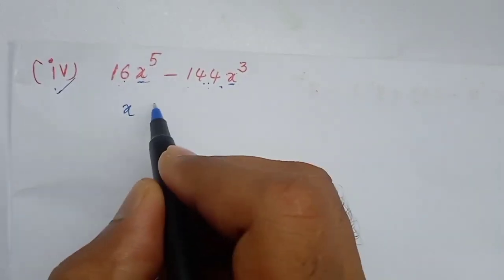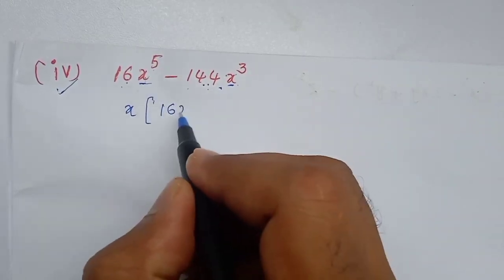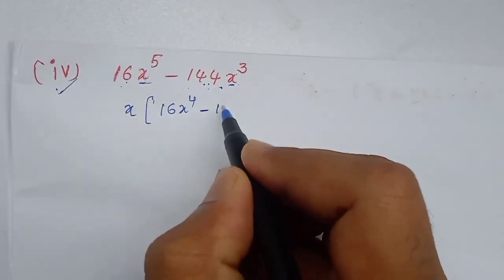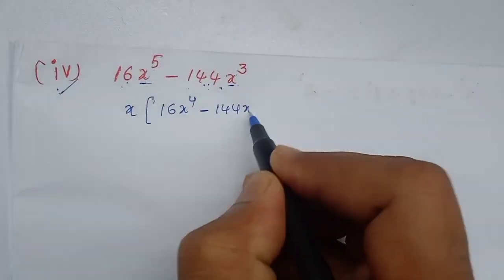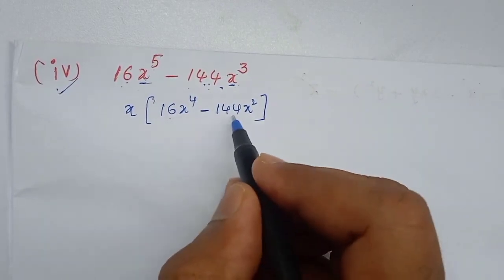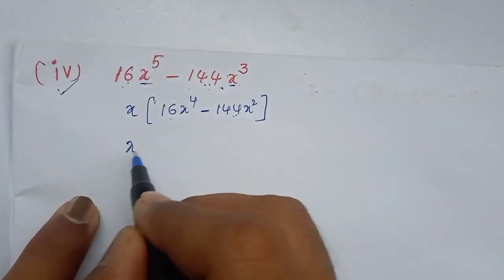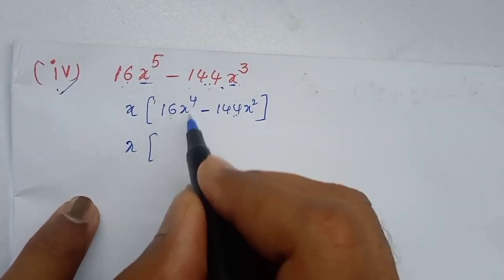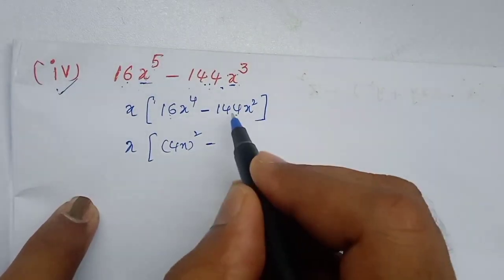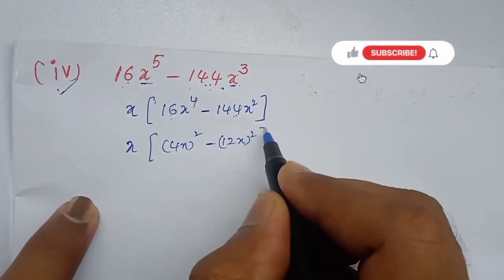Take x as common, then what you get? 16x to the power of 4 minus 144x square. See now, the terms inside the bracket can be expressed as perfect squares. See, x into this can be written as 4x whole square minus this can be written as 12x whole square.